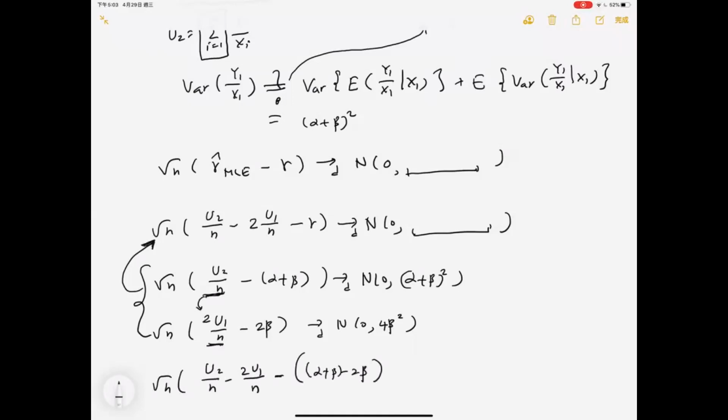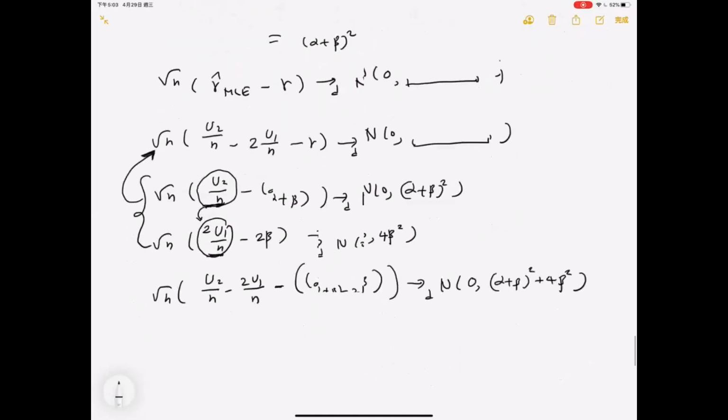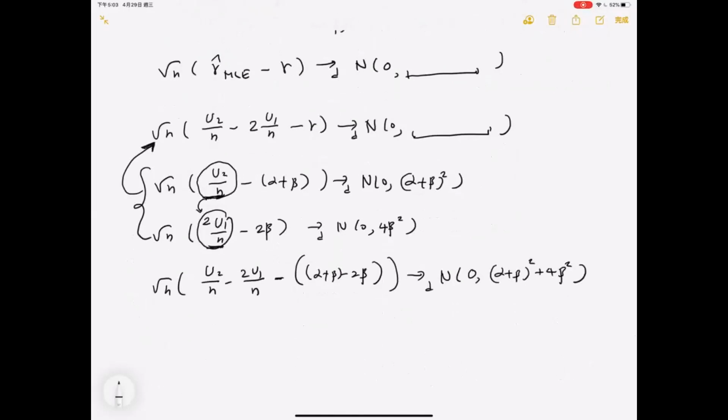Okay, then goes to D, then normal, because really it's nothing but this random variable subtract this random variable. So in terms of variance, nothing but plus. Okay. Then you do know this guy is your gamma hat MLE. And then this guy, of course, is gamma equals alpha minus beta. Okay, that means this guy is your variance.